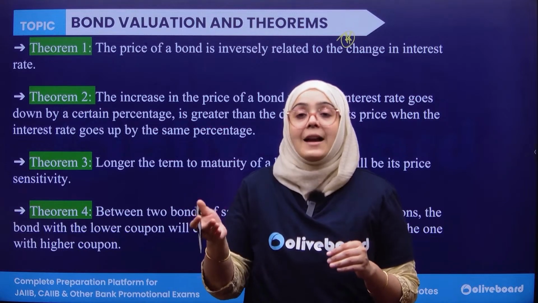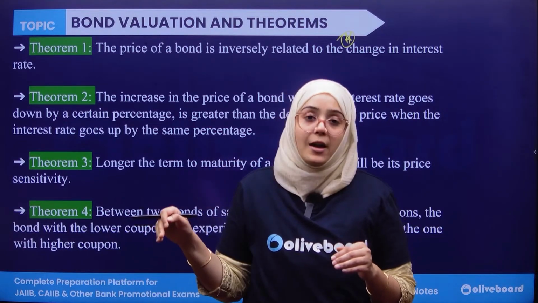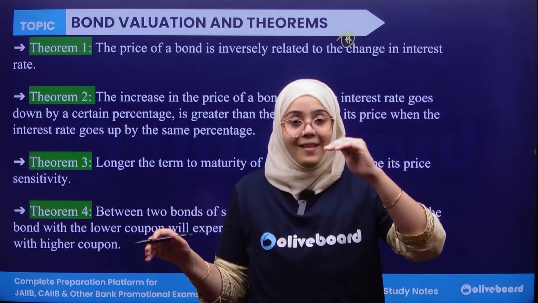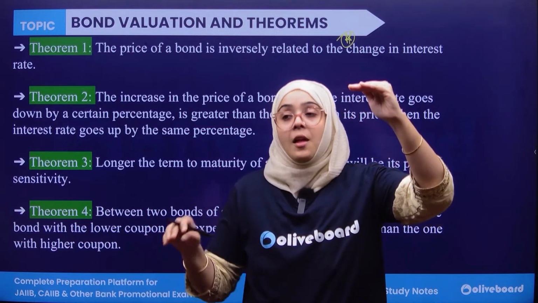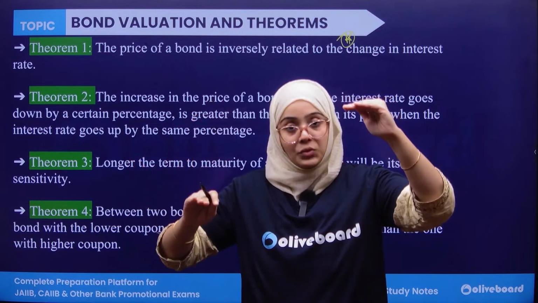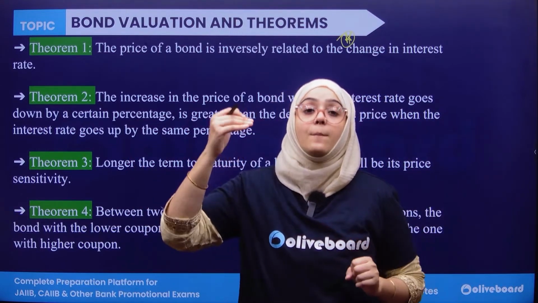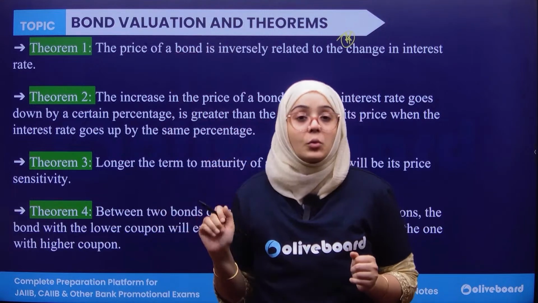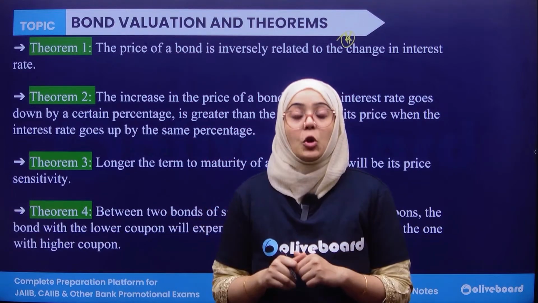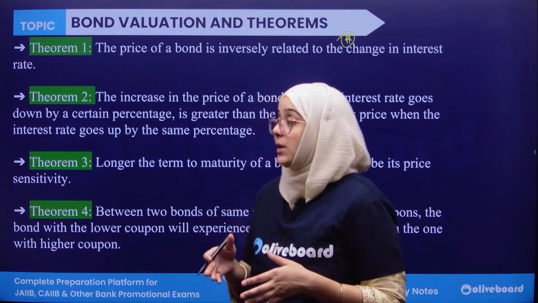So that it is also in demand. So as the market interest rate rises, the older bond price is reduced, and as the market interest rate lowers, the older bond price increases in the market. So this is the theorem. Always, the market interest rate and the bond price are inversely related.